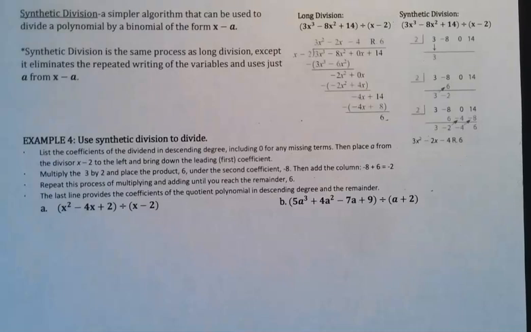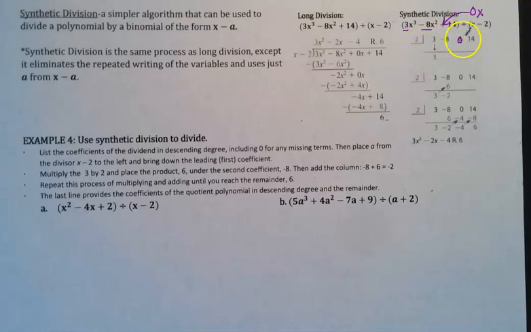Okay, so if we look at the synthetic division, compared to the long division we just did, we still need to insert the 0x. You'll notice it's right here. Then we can continue going. Notice that we've taken the constant in front of each variable, so we've got the 3, the -8, the 0 that we inserted, and a positive 14.